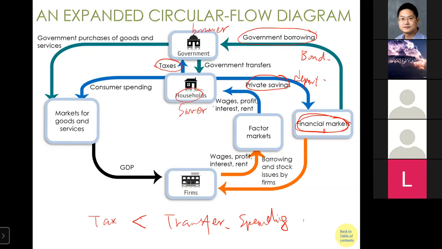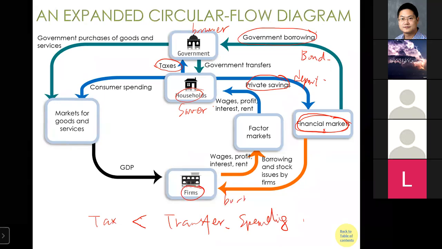But actually, it's not only the government that borrows. The firm may also borrow, right? And why do they want to borrow? They're going to do some investment, right? So how are they going to do the investment?